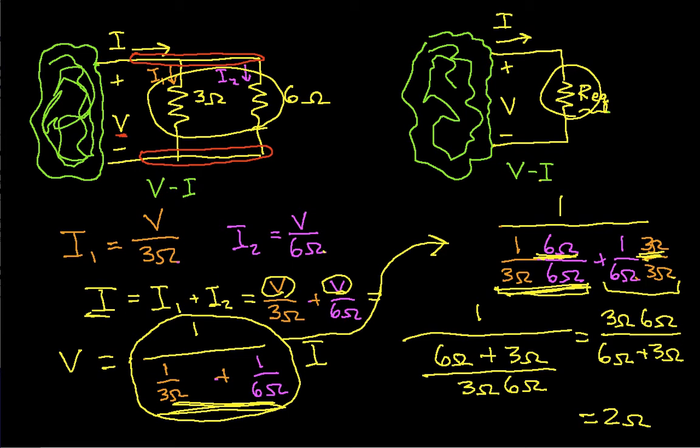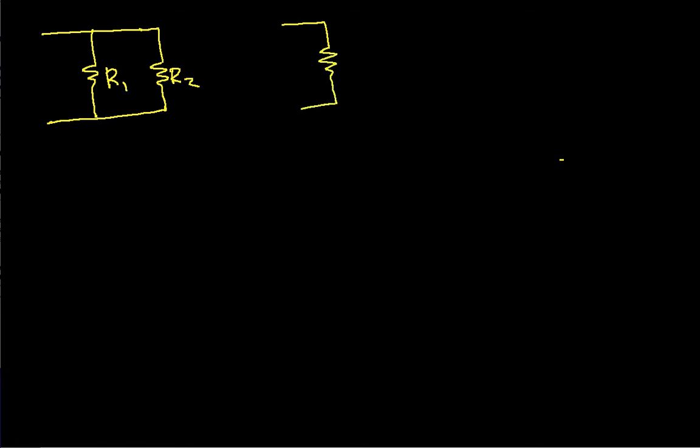So let's generalize this a little bit. If we have 2 resistors in parallel, the equivalent resistance is given by R1 times R2 over R1 plus R2.